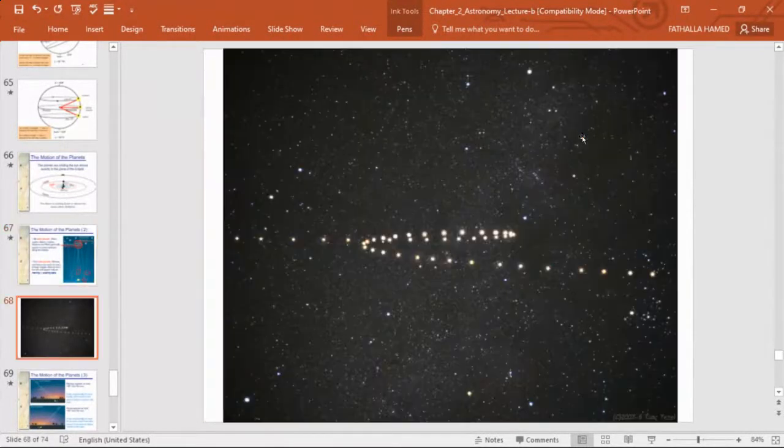Now, you can look here in this slide, and this is a photo of Mars, but that's not in one night. These are successive nights. And when you put all of these photos together, you actually see this effect here. And that was a puzzle a long time ago.